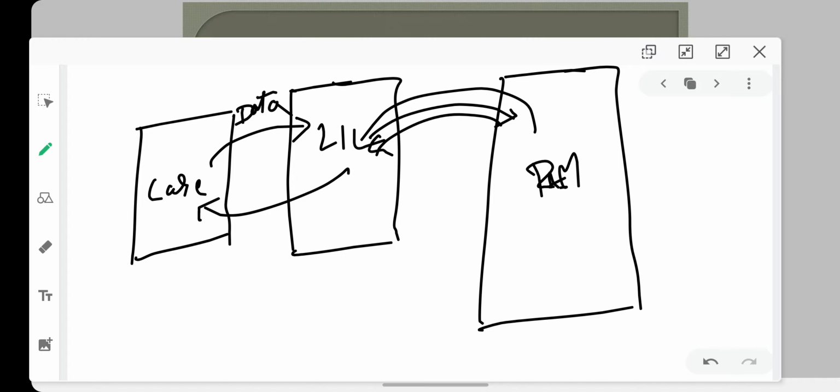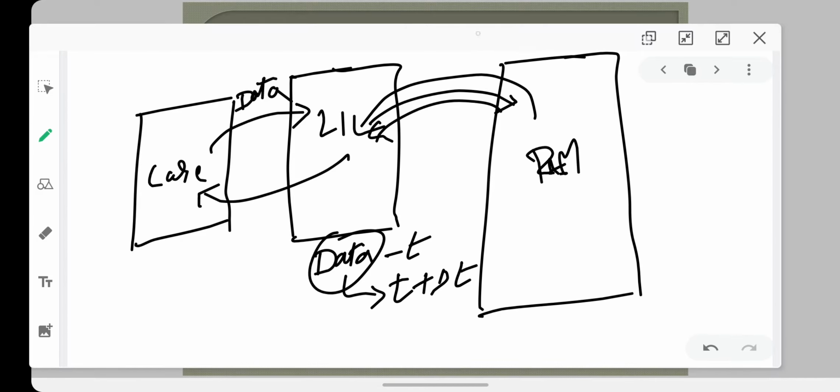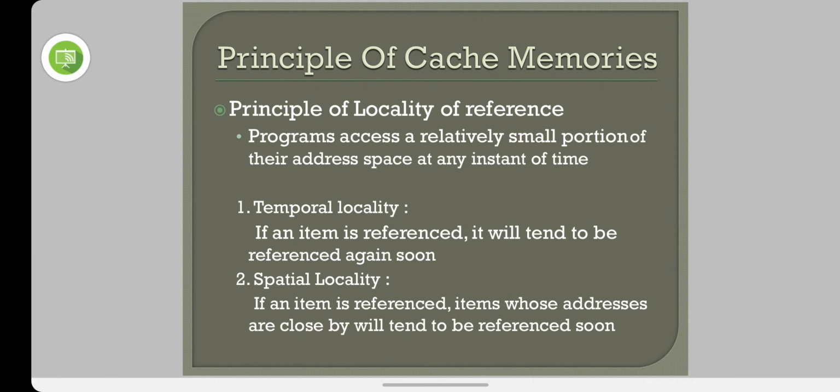Whatever data is brought to the L1 cache is going to be referenced soon in the near future. For example, when the core references the data for the first time at time t, this particular data is going to be referenced again at t plus delta t. This is the first point, the temporal locality.